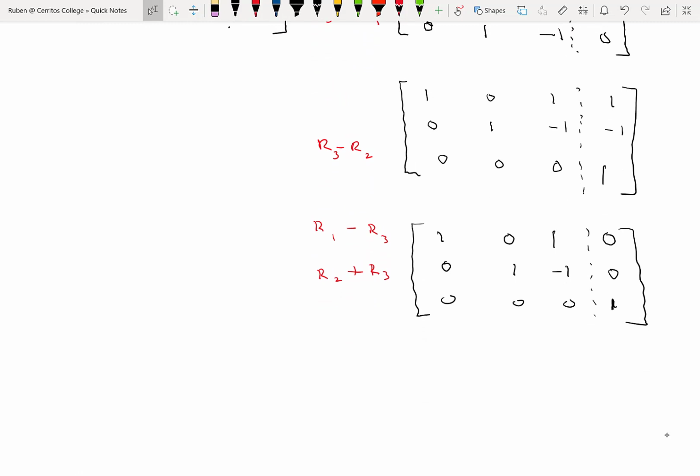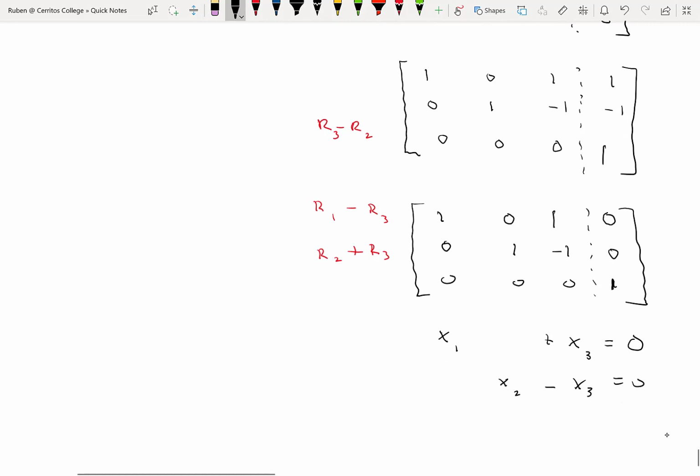Now, I want to transform this back into a system of equations. The system then looks like 1x1 plus 0x2 plus 1x3, so x1 plus x3. I'm transforming this final augmented matrix back into a system. I'm going to get 0x1, 1x2 minus x3 equals 0.